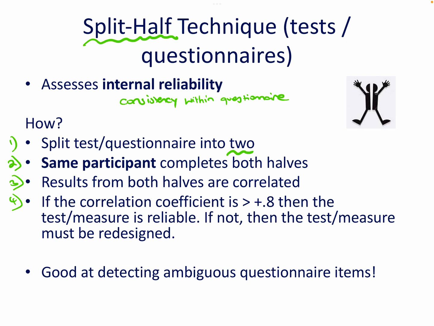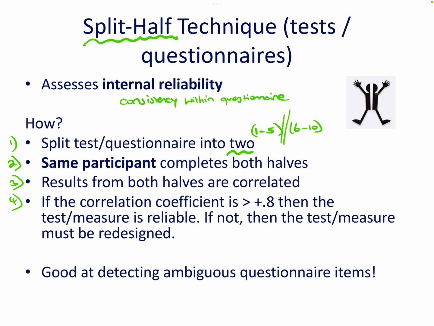So if our questionnaire has 10 questions, then we want to take questions 1 to 5 and 6 to 10. There, we've split our questionnaire in half. What we then want to do is ask the same participants to complete both halves. So our 10 participants are going to complete questions 1 to 5, and they're also going to complete questions 6 to 10.